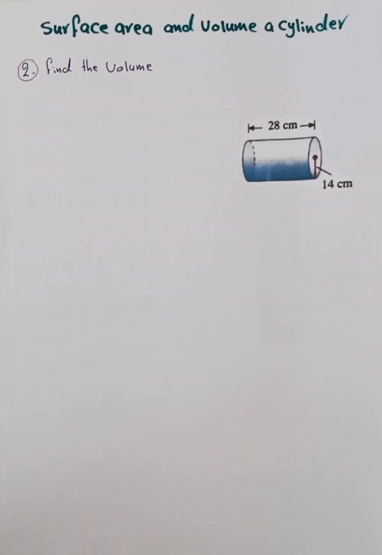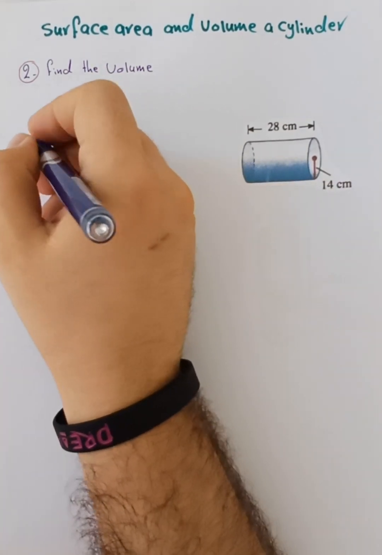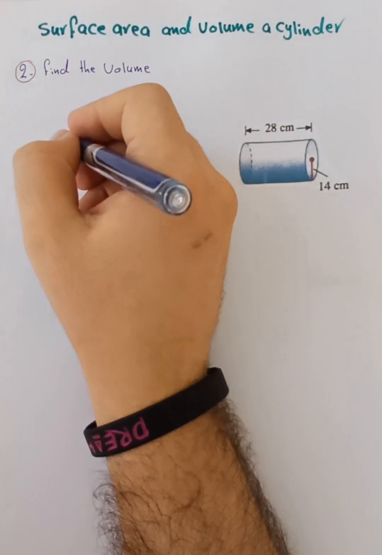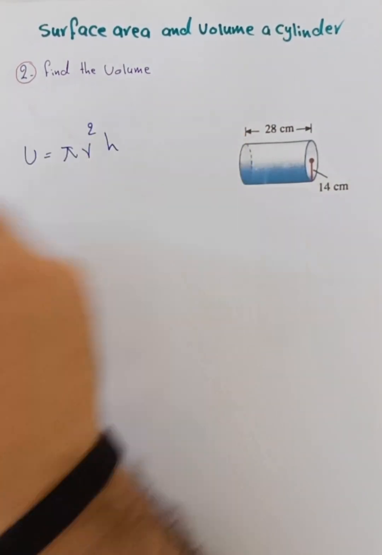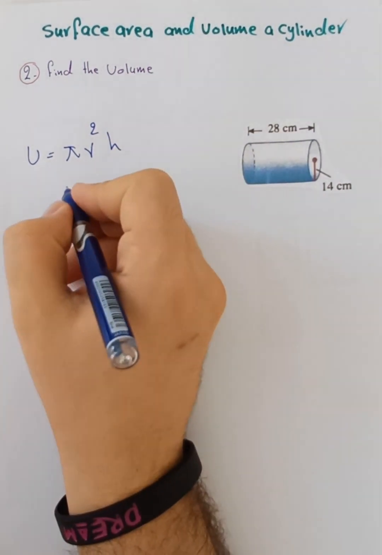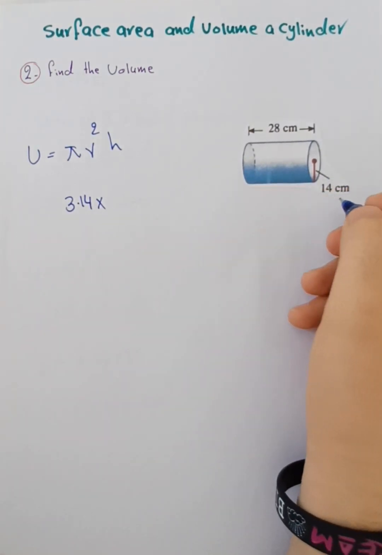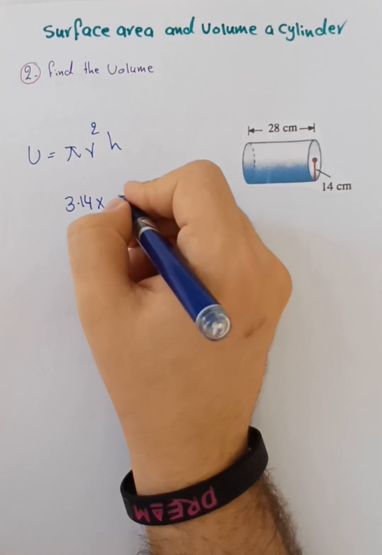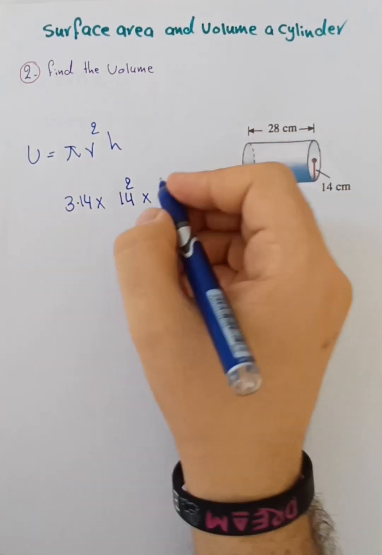Another example, we have this cylinder. How to find the volume for this cylinder? The rule is pi r squared h. So pi is 3.14 multiplied by the radius of the circle, 14 squared, multiplied by the height, 28.